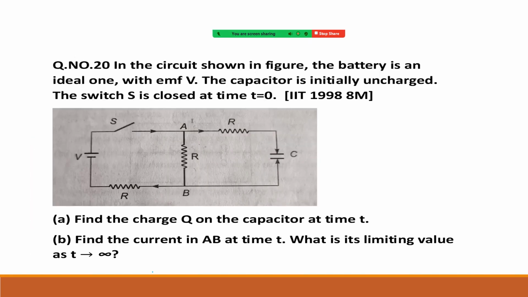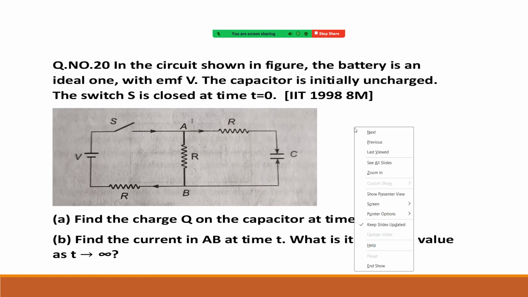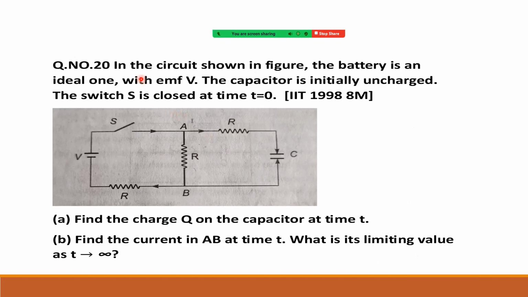Let us see next one. In the circuit shown, the battery is an ideal one with EMF V. The capacitor is initially uncharged. The switch S is closed at time t equal to 0.